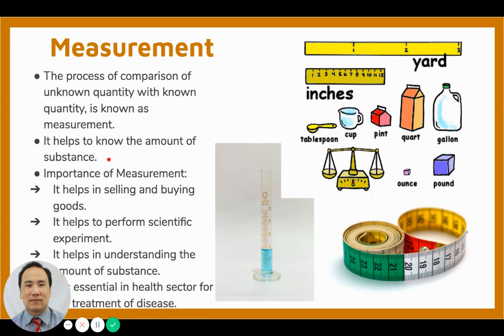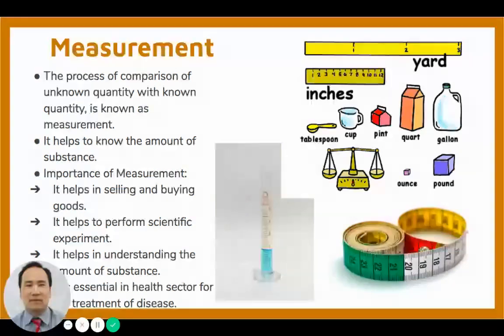And there are some importance of measurement. Without measurement, you cannot sell and buy the goods. That's why it helps in selling and buying the goods. And if you want to do some experiment in your lab, then we take the measurement of different chemicals and then we do the experiment. Similarly, it helps to understand the amount of substance, like how much amount you are going to take.